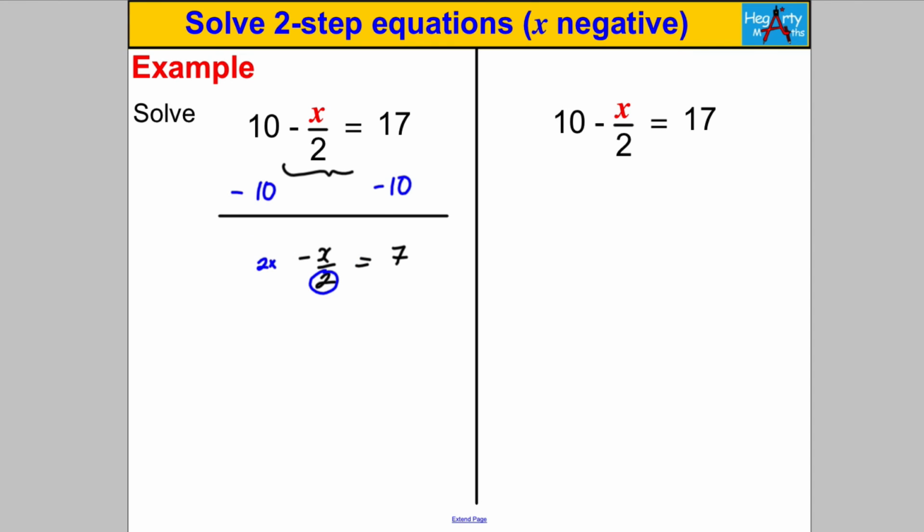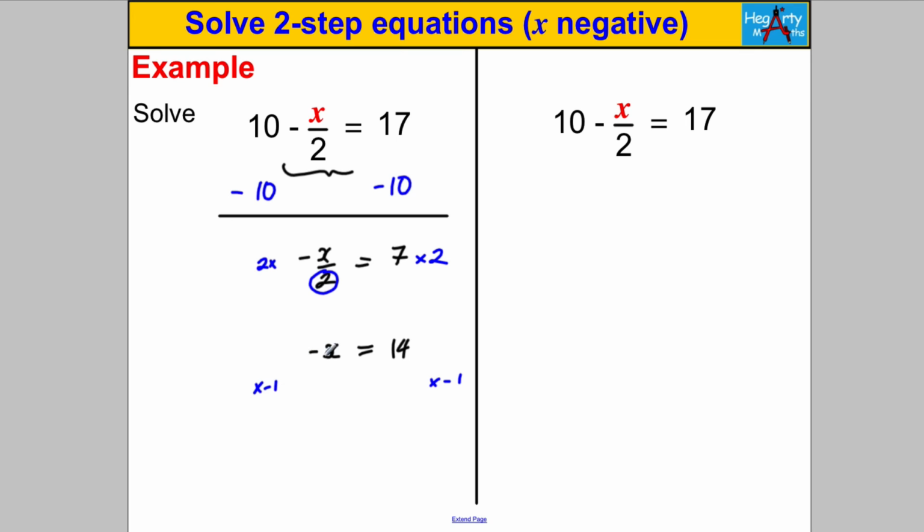So I'm going to multiply by 2 here, multiply by 2 here, and the negative still there. Don't forget there was a negative there, so I'm going to get negative x is equal to 7 multiplied by 2, which is 14. But I wanted to find x, not negative x, so I'd have to multiply both sides at the very end by negative 1, just to make it have x equals.